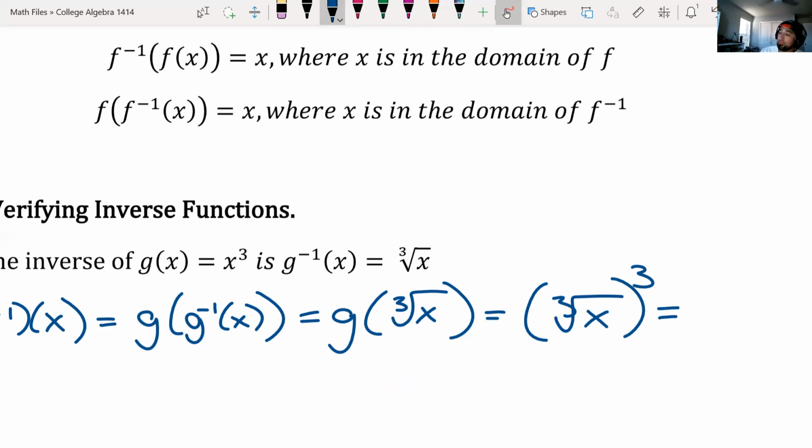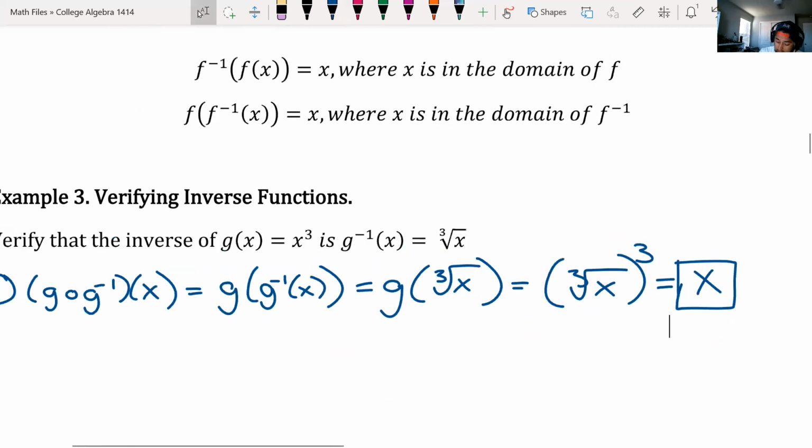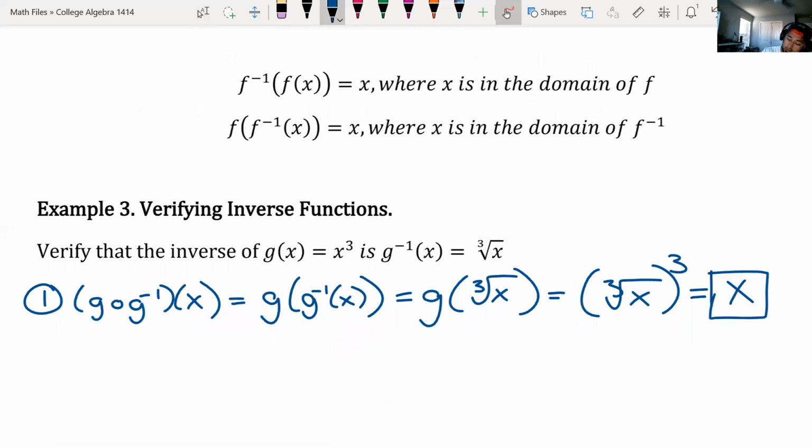They cancel to give me x. Good. So composing them one way, we arrive at an answer of x, which means that they are definitely inverses of each other. Well, let's go ahead and just prove it going the other way, just to make sure.